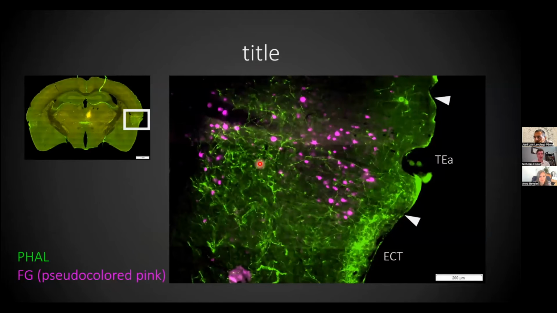And you also see areas of indirect connectivity between the two injection sites. So in this case, the PHAL labeled axons from co-injection 2 in the posterior AI terminate here in the associative temporal cortical area, overlapping with Fluorogold labeled cells from co-injection 1 in the AID.